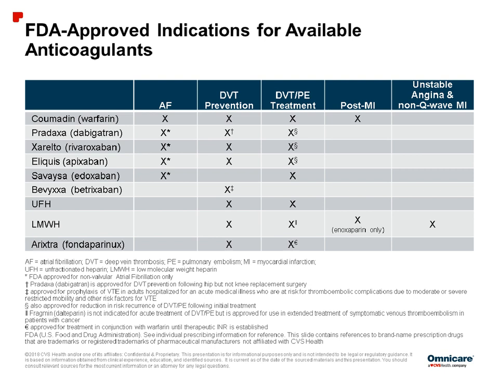Secondly, you will notice that the indications for newer agents vary such that while all can be used in one way or another for DVT treatment, most but not all of them can be used for DVT prevention. And we will see more about this as we go along.